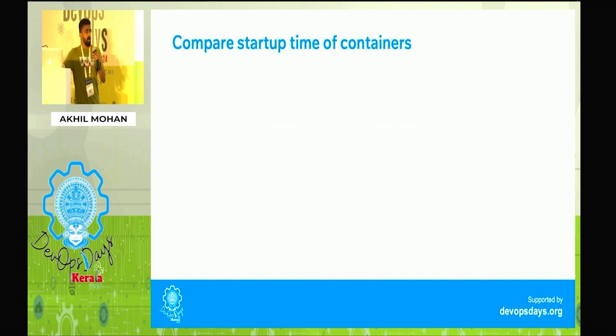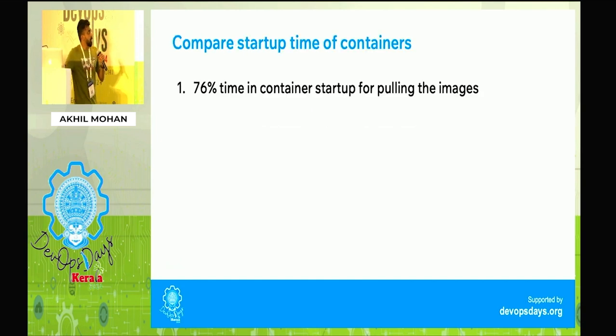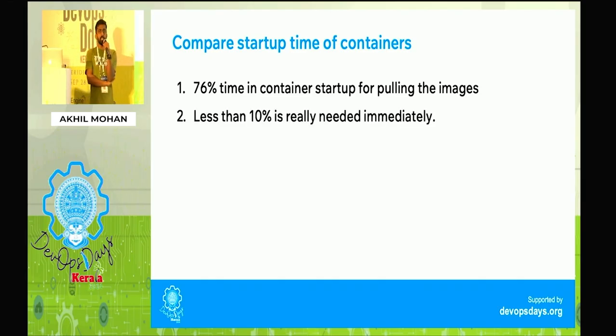If you compare the startup time of containers, 76% of the container startup time goes into pulling the images. And again, this is only on a cold node where the image is not present currently. The other thing is that you pull the complete image, but less than 10% of the content of the image is actually immediately needed.